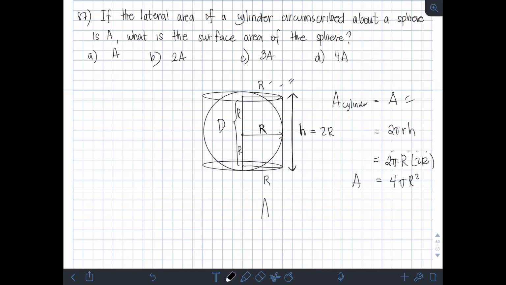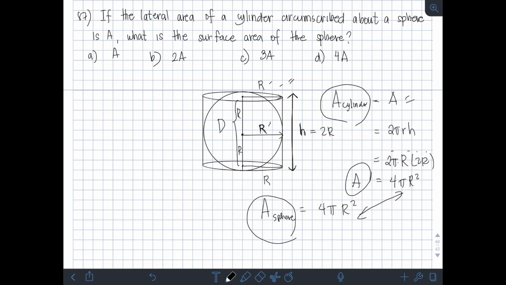So, diba, meron tayong formula for the surface area ng sphere as 4 pi r squared, right? So, yung nilagay nating value ng radius ng sphere is capital R. So, palitan lang natin yung r, magiging 4 pi R squared. So, mapapansin nyo, equal yung surface area ng sphere sa lateral area ng cylinder. Para silang 4 pi R squared na equal sa A.